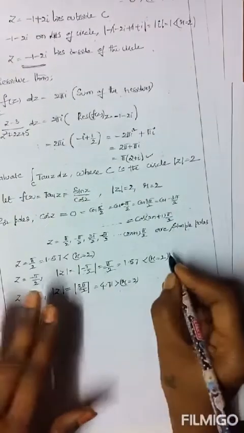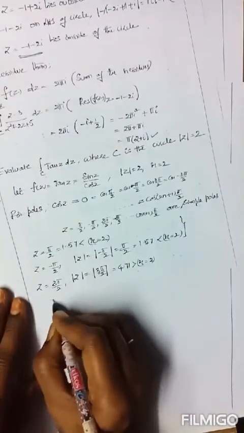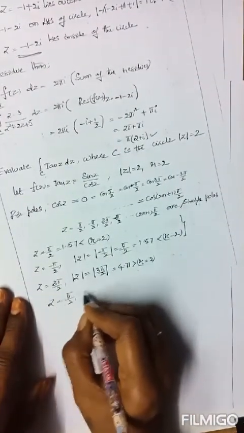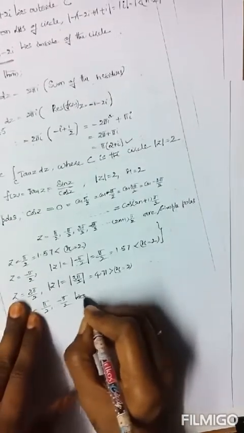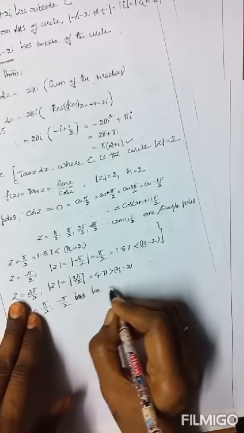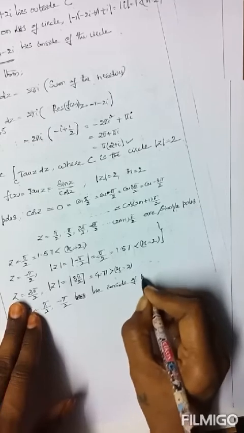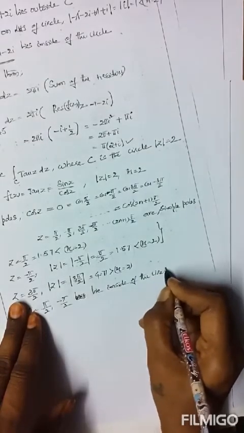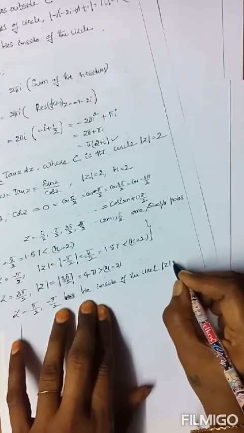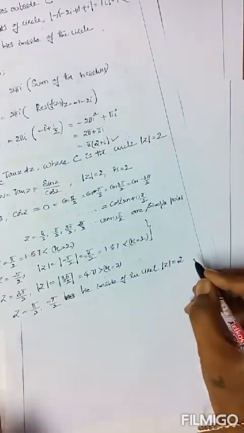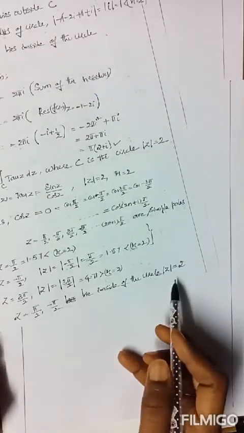So of these, only 2 points lie inside of the circle: z equal to pi by 2 and minus pi by 2 lie inside of the circle. Here both points lie inside of the circle.